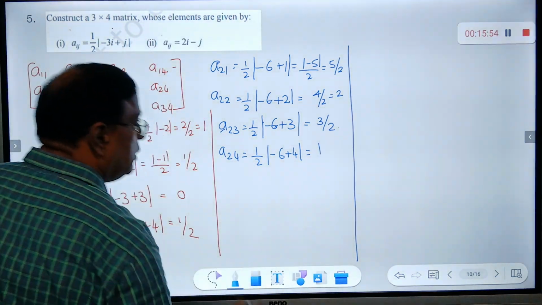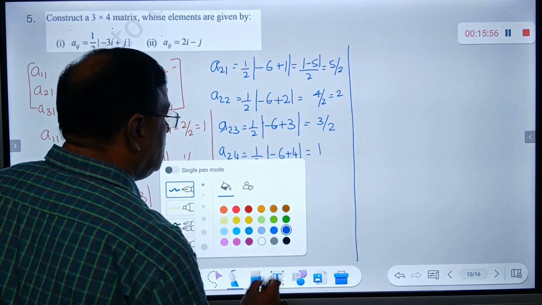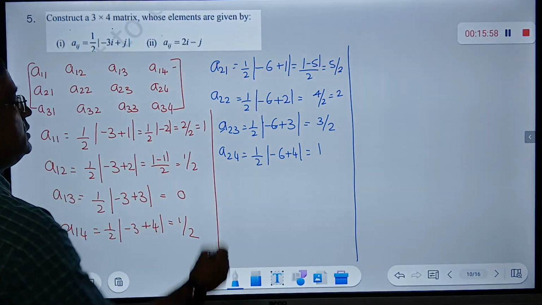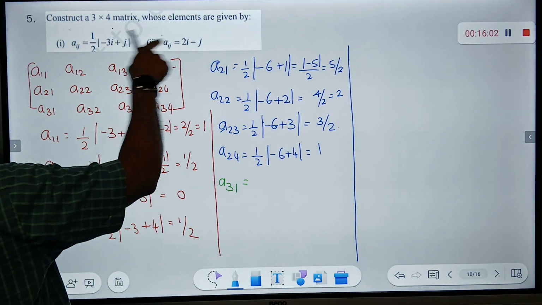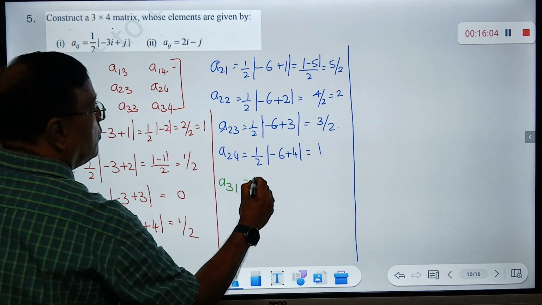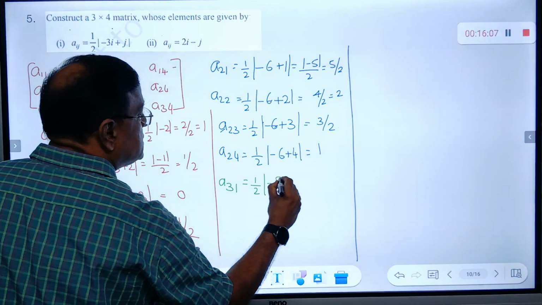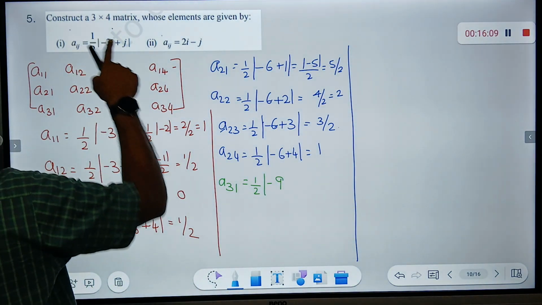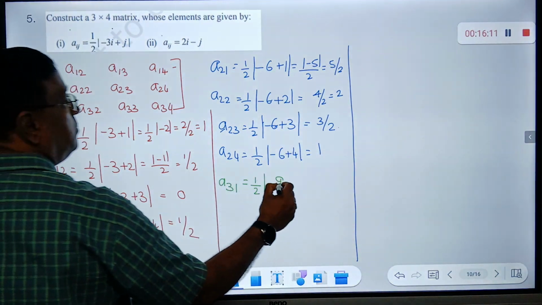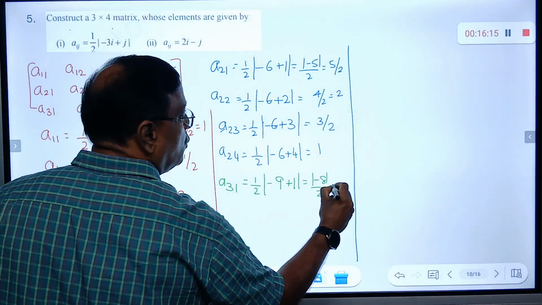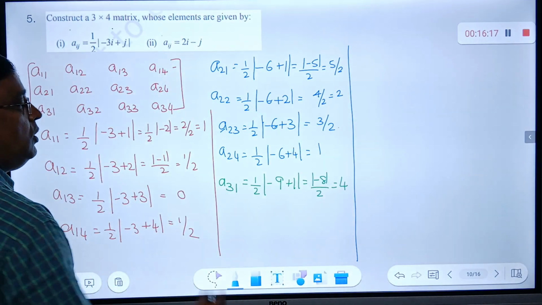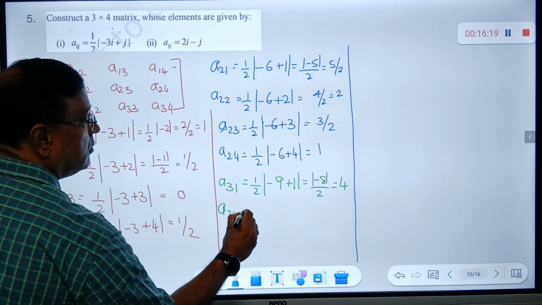Now let's go to the third row. Now how do I do the third row? Now third row is A31. Tell me, what is A31? Third row, first column. Half of minus 9. Why minus 9? Minus 3 into 3 is minus 9 plus 1. So it's modulus of minus 8 by 2, which is same as 4. Now what is A32?